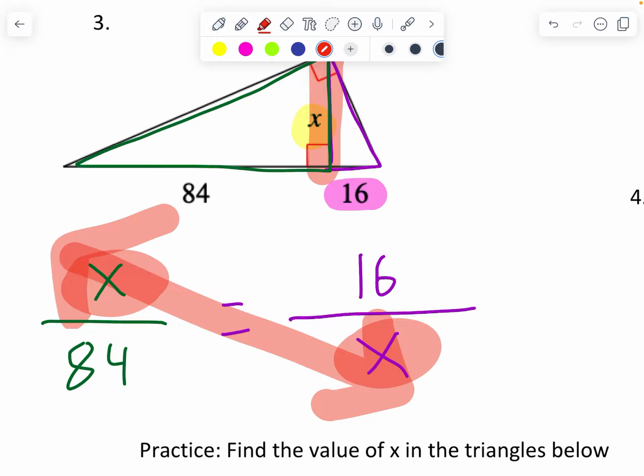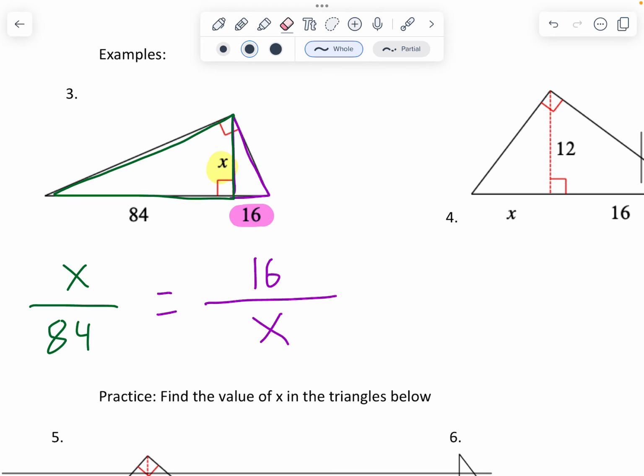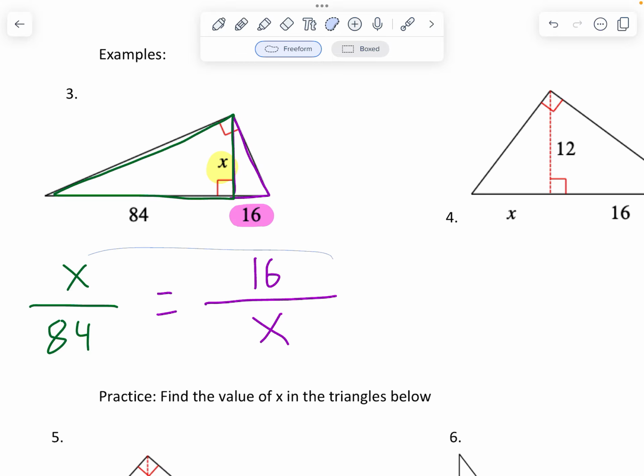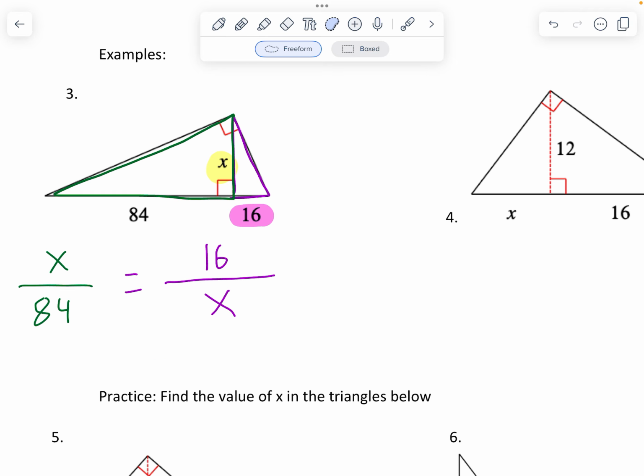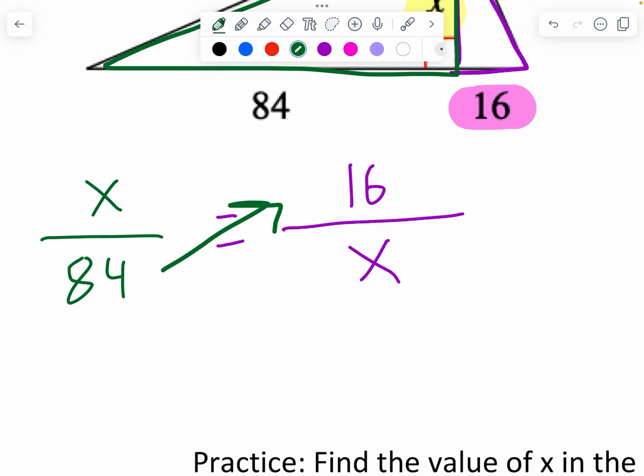You should not have the x's on the same level. Similarly, or not necessarily the x, but whatever is on the altitude, right? So this is how you know that you've set it up correctly, is if whatever the altitude part is, if that part is up on one side, down on the other side, and now you are just going to solve this. Okay, so we're gonna cross multiply 84 times 16.